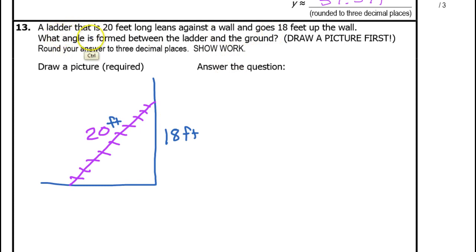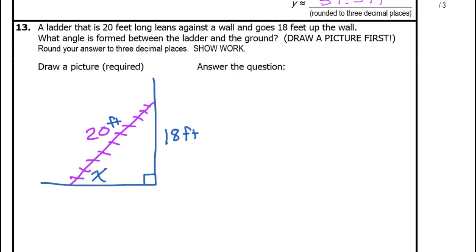Okay, what angle is formed between the ladder and the ground? So here's the ladder, here's the ground. So this is the angle between the ladder and the ground. So that's the picture. Obviously this is 90 degrees. So it's time to set it up.